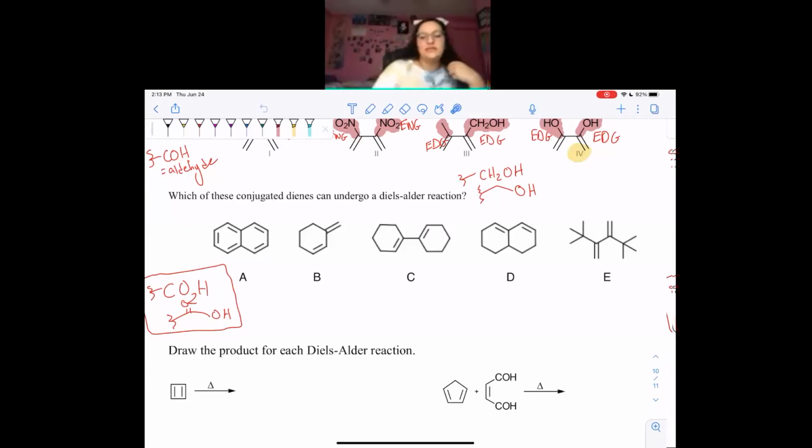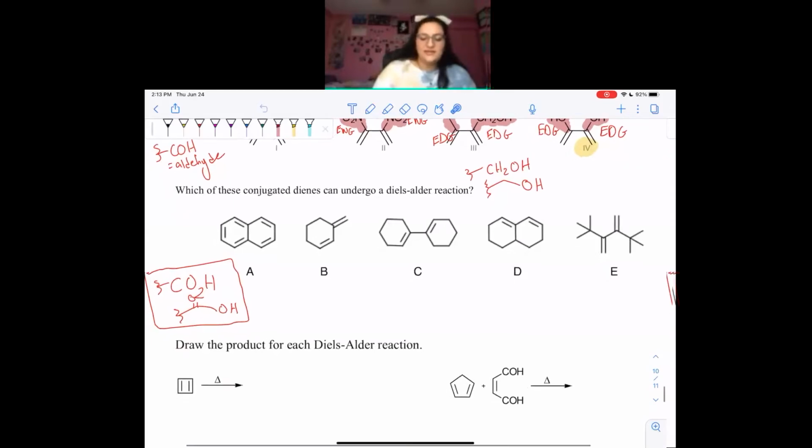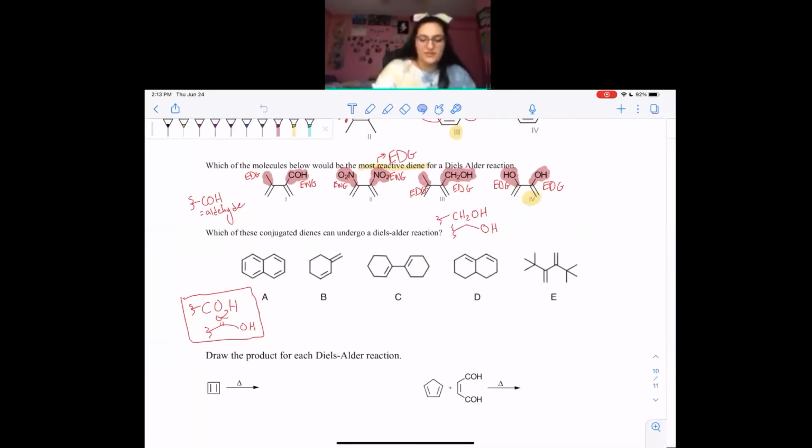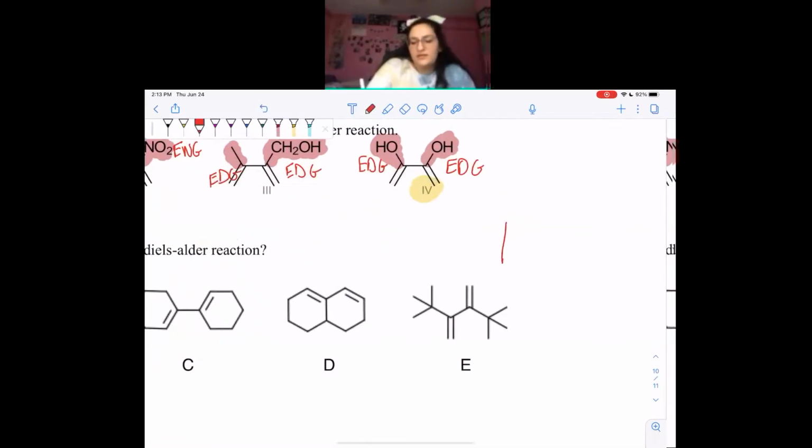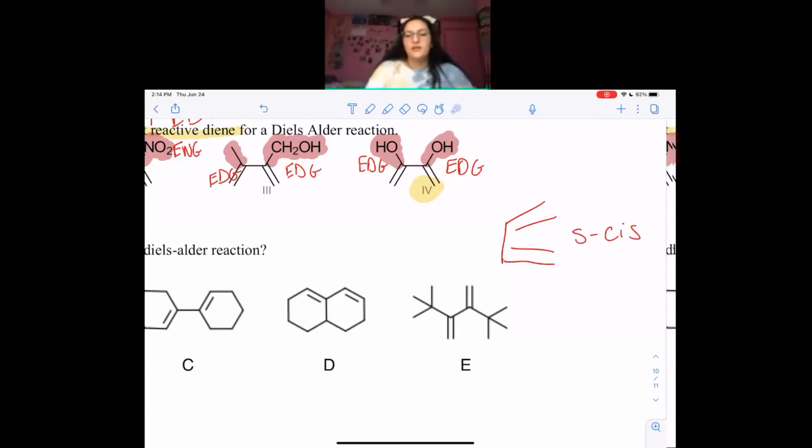Yes, so we need the diene to be in S-cis, and this was from the last session, but I'm going to delete it so we have space. Same with this. So we want our diene to be S-cis so that it can interact with the dienophile, right?